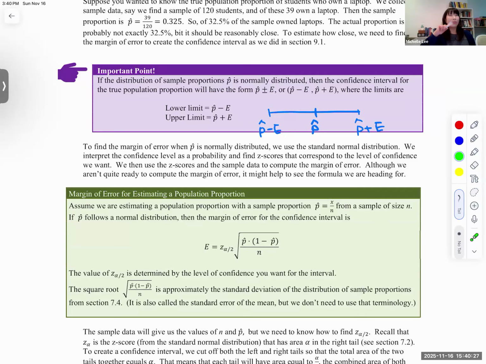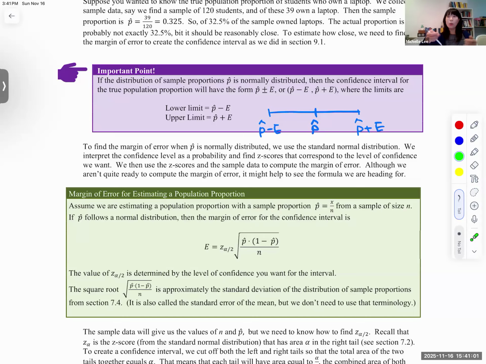Now, margin of error. Sorry about the noise. We want to be more confident, so we cannot just talk about accuracy. We make the margin of error a little bit wider so that we can say this is 90% confidence, this is 95% confidence, this is 99% confidence.